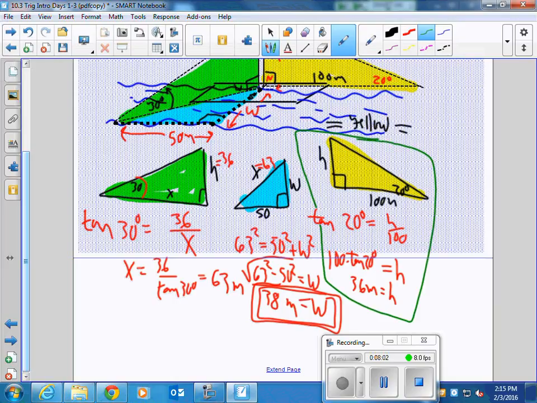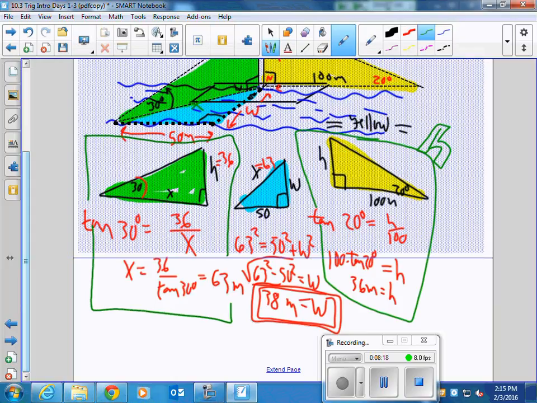That got me my distance h. Then I needed to know this base distance x. So to figure out x, I used the green one. And then the last part is using the blue one. If I know x and I had 50, I could figure out the width.